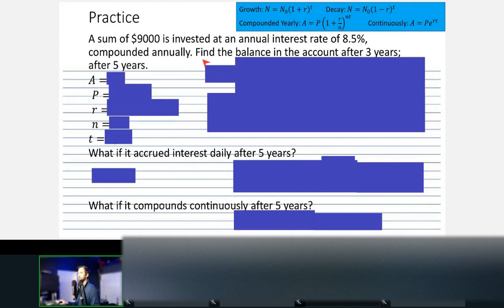All right, everyone try this problem. I'm going to give you all like 2 minutes.